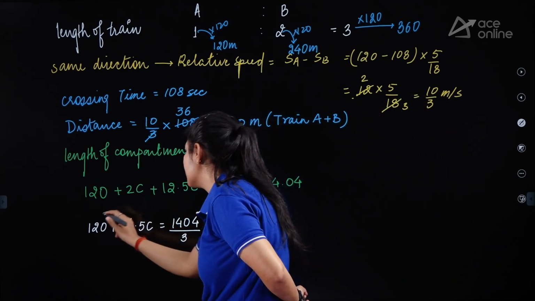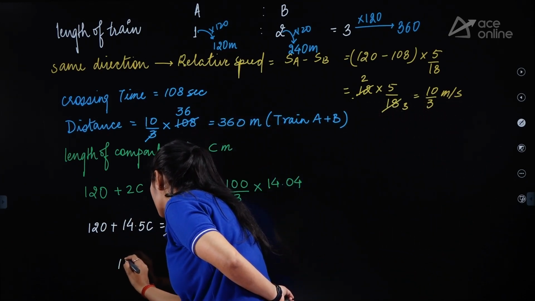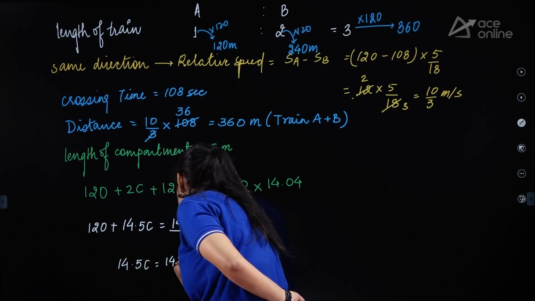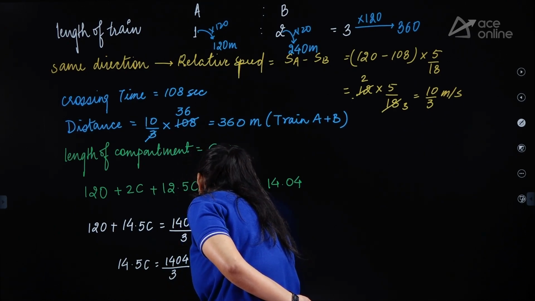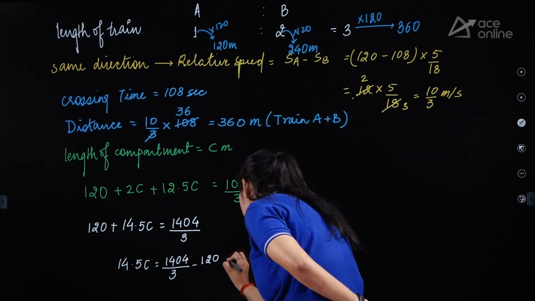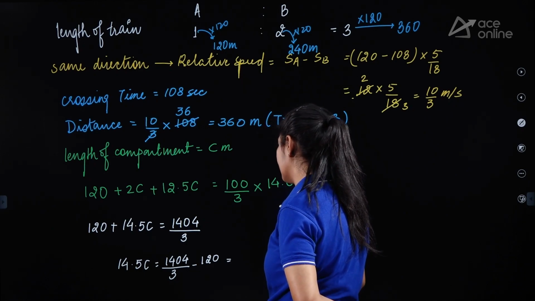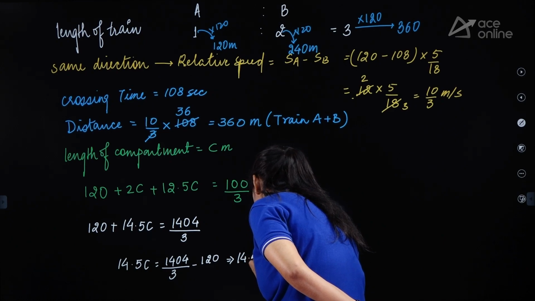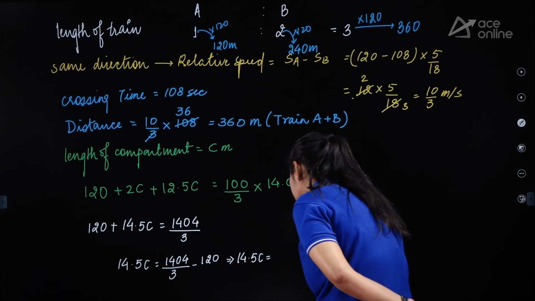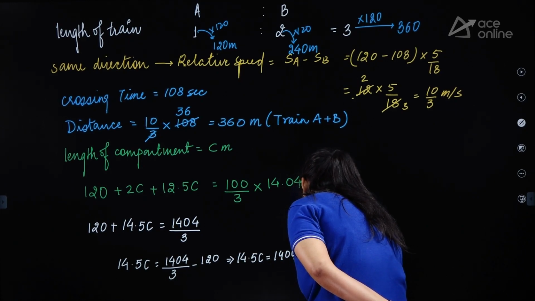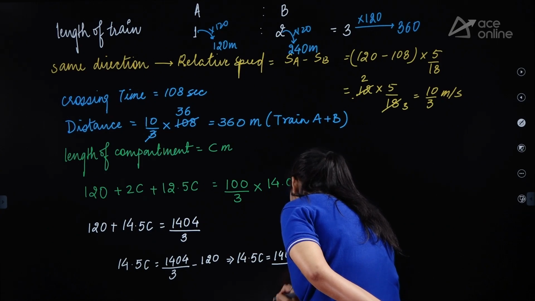So here what we did, we transferred this to that side. 14.5 C equals 1404 divided by 3 minus 120, right? So basically 14.5 C equals 1404 minus 360, divided by 3.